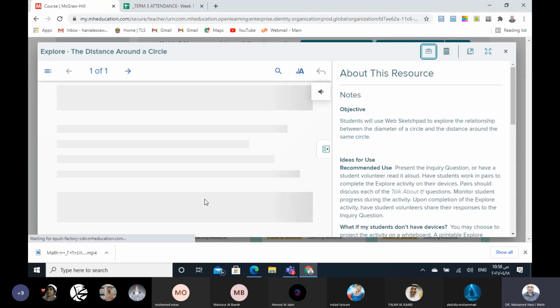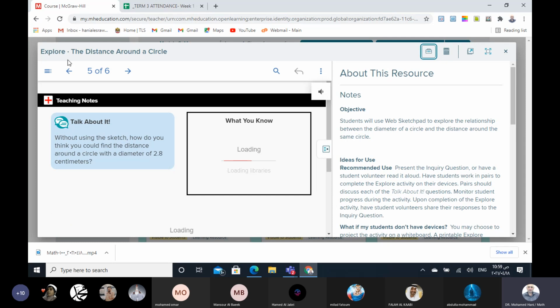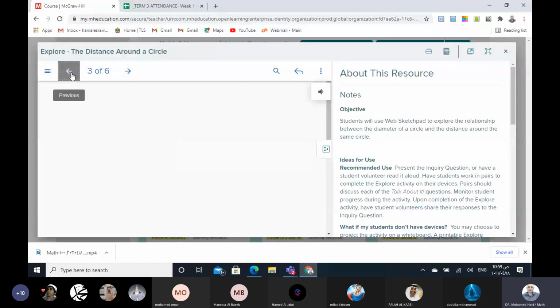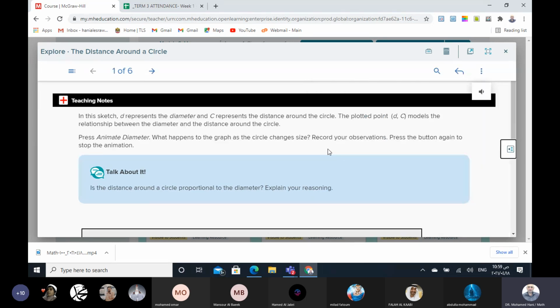Then try to measure the circumference and the diameter. Then divide the circumference by the diameter. You will find a fixed ratio between them.